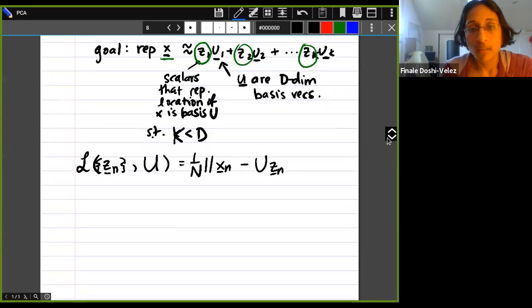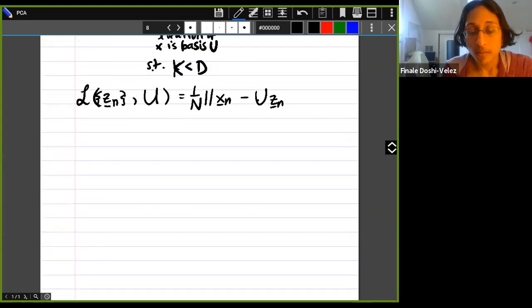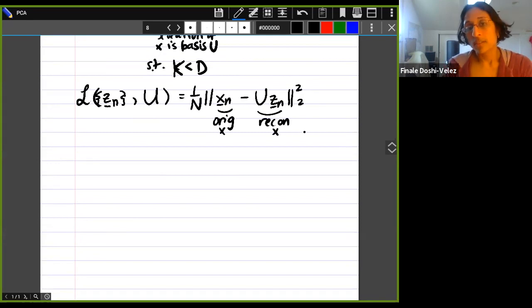So this is the reconstruction of X according to the basis. And here's the square loss. So this thing is the original X. This is our reconstructed X using this basis, which is only k dimensions rather than d dimensions. And this is our loss. And this is the thing we're going to try to optimize.